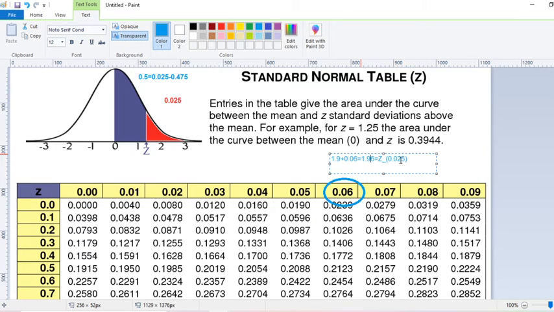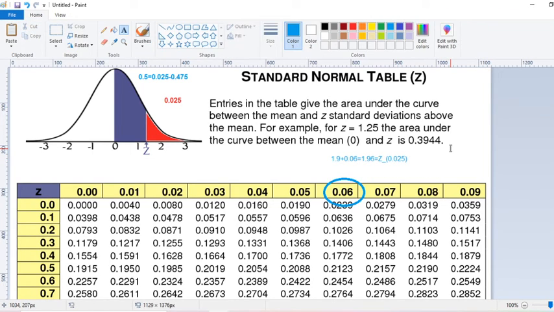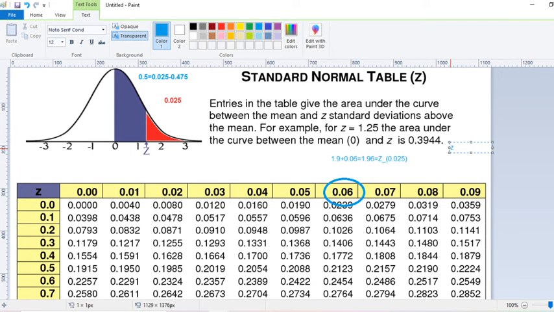Now you can look at it in a reverse manner. Suppose you are given a Z dash value, because it is a calculated value.